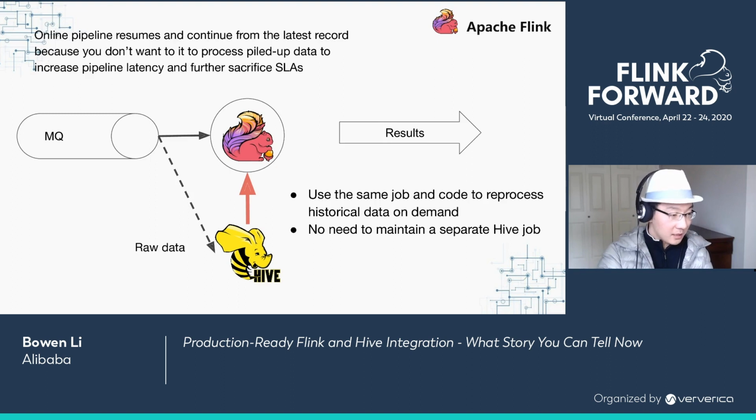We see lots of users not doing that, because there have been quite a few downtimes, and they don't want Flink to process that piled up data, further increasing their pipeline latency and sacrificing their SLAs. So they would rather just have Flink process at the latest position of the Kafka topics and have some second job do the backfill.